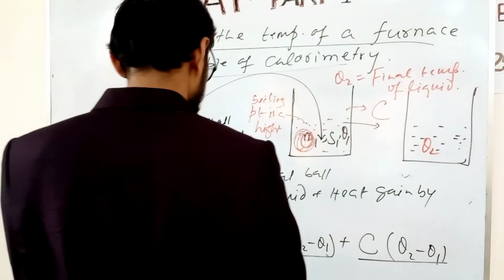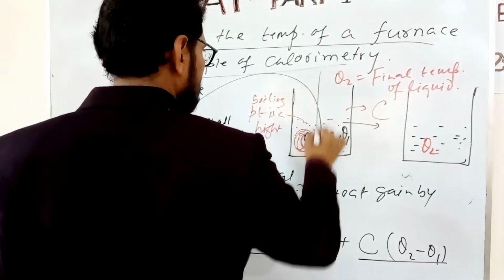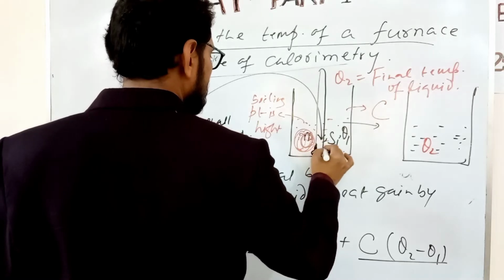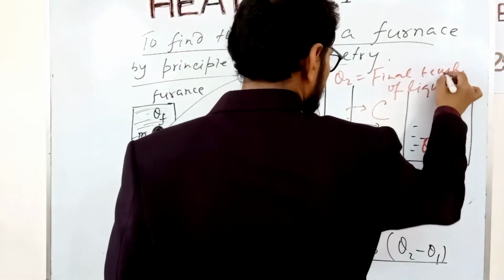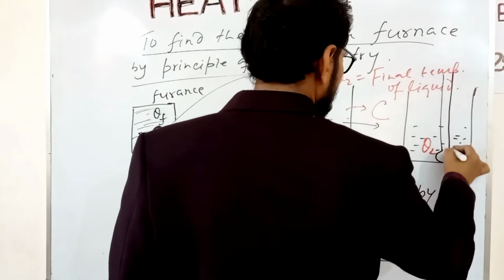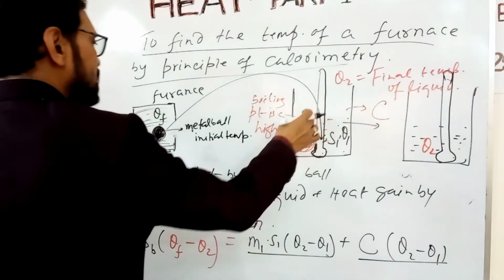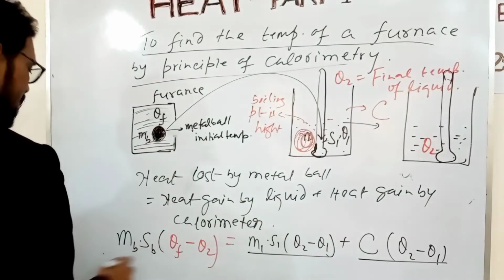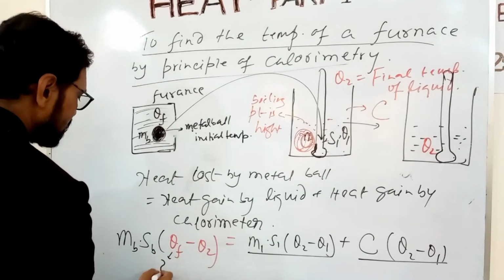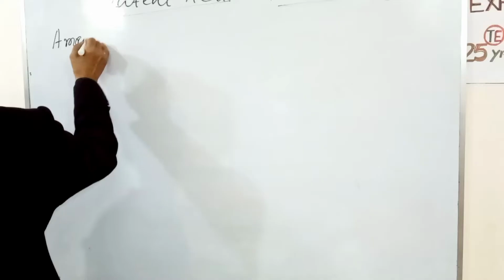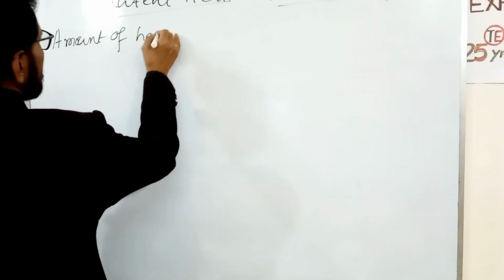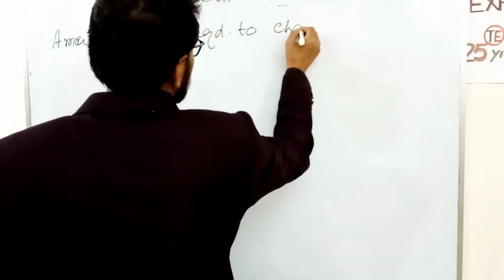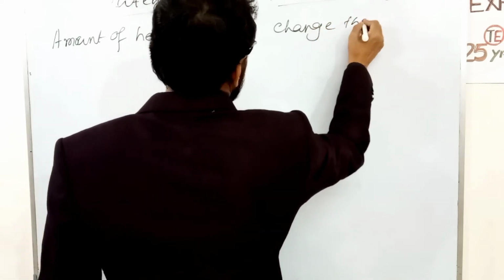By thermometer we can take the initial temperature and final temperature. We record this theta 1 and theta 2, and theta f is unknown. So from this equation we get theta f.